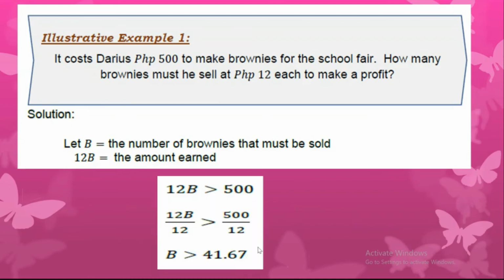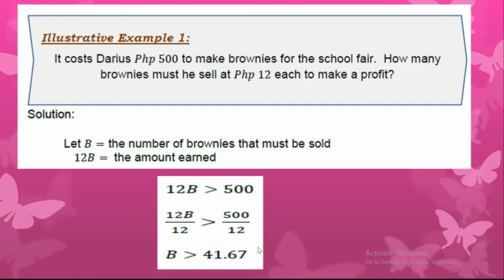So we have 12B is greater than 500, because to make a profit, we must earn more than 500 pesos. So after selling the brownies at 12 pesos each, we must have more than 500 pesos. To solve for that, we divide both sides by 12.